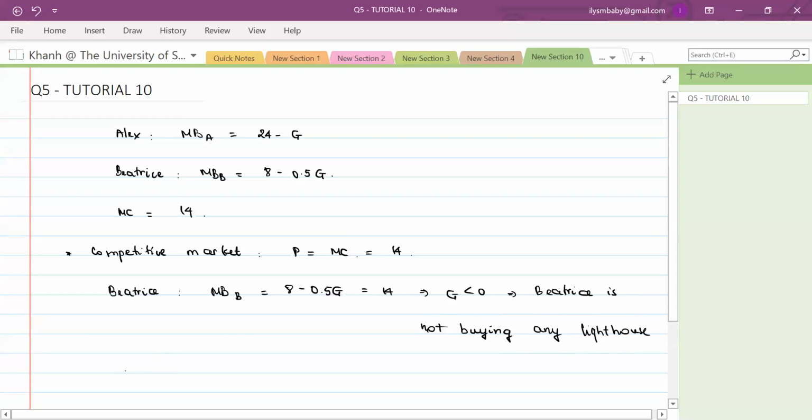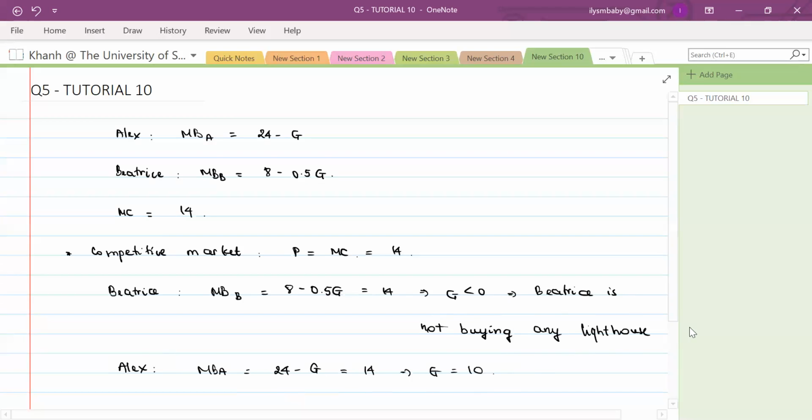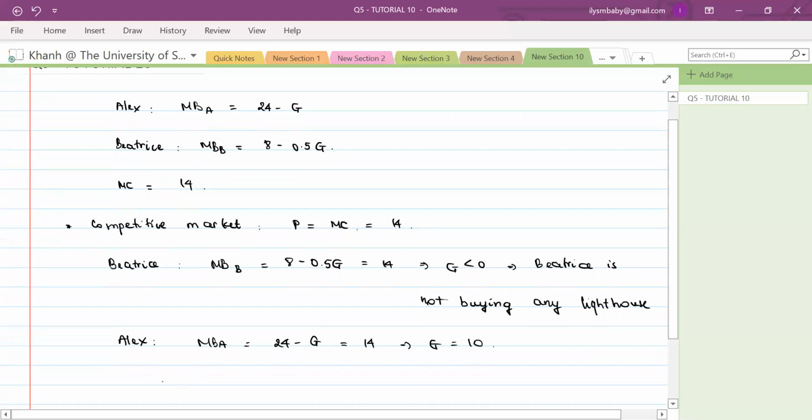How about for Alex? His marginal benefit, or his demand function, is given by 24 minus G. If the price is equal to 14, then he will be happy to buy 10 lighthouses. So Alex is going to buy 10 lighthouses.